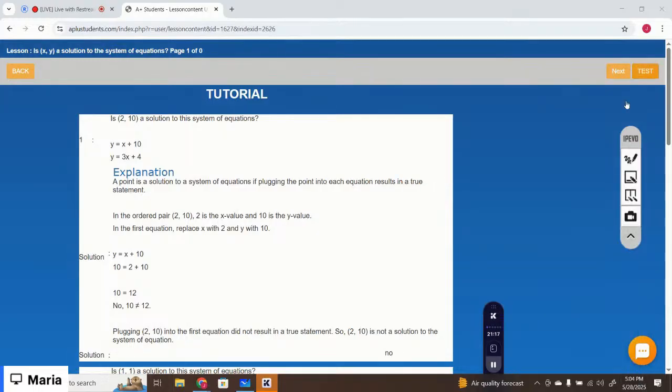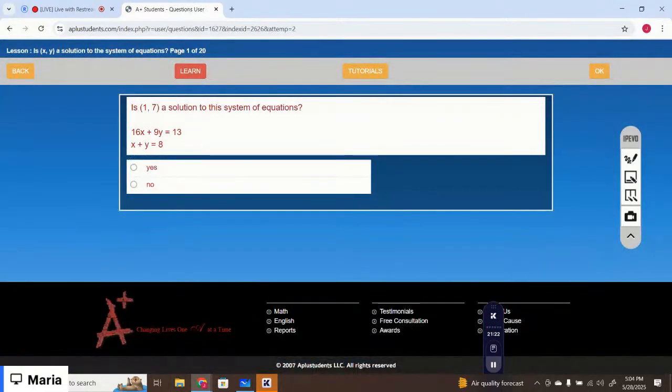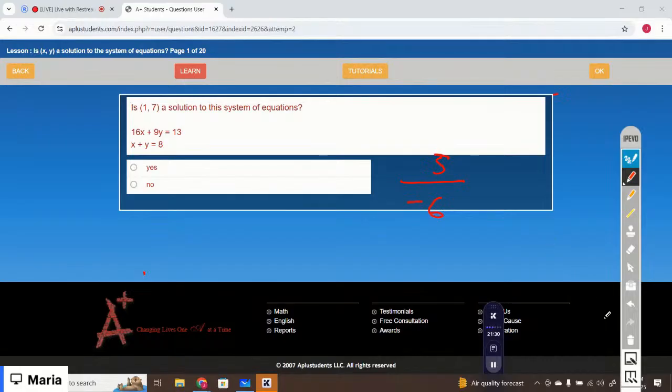Let's just start with the test questions. Is 1, 7 a solution to the system of equations? Let's just start with the first equation, with 1 and 7. So 16 times 1 plus 9 times 7 equals 13.